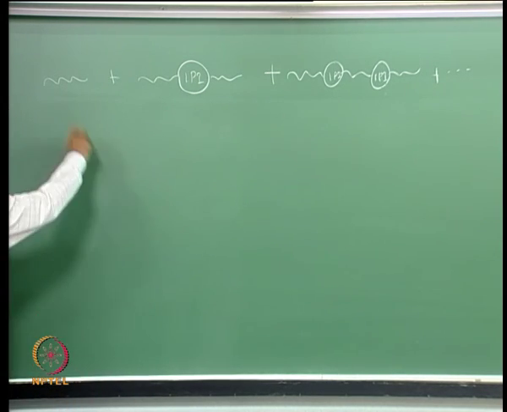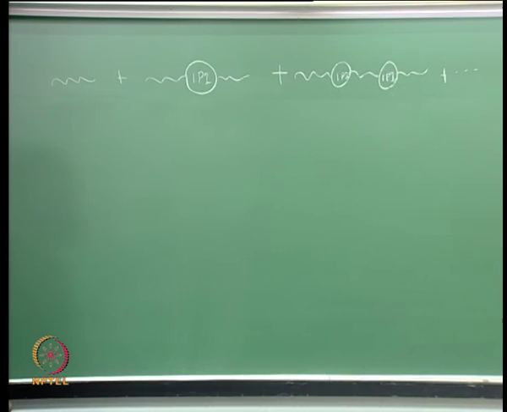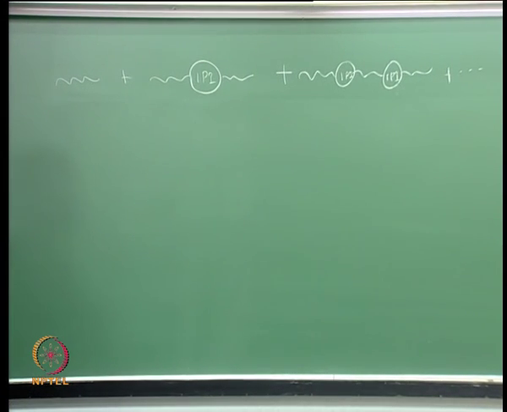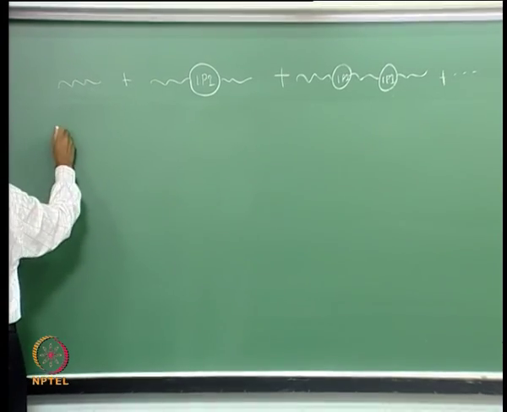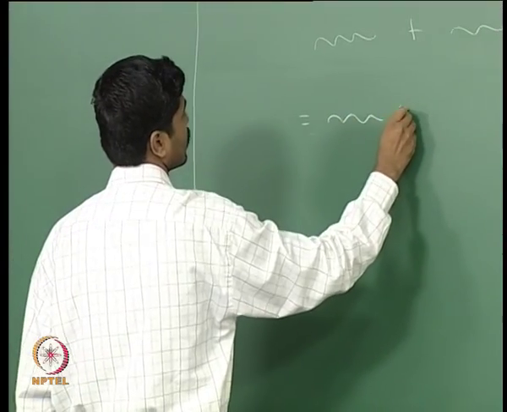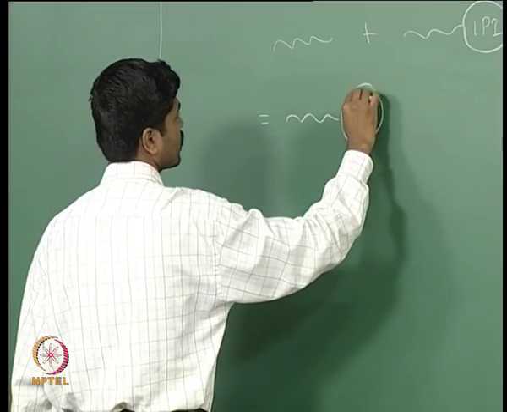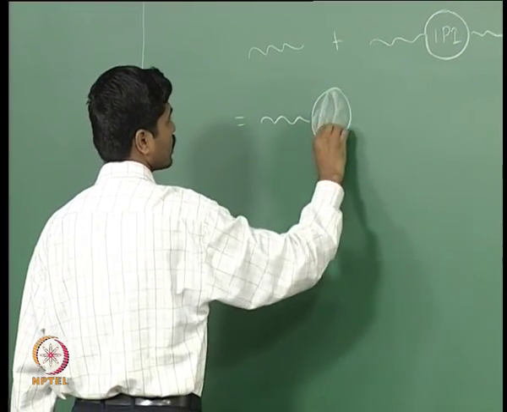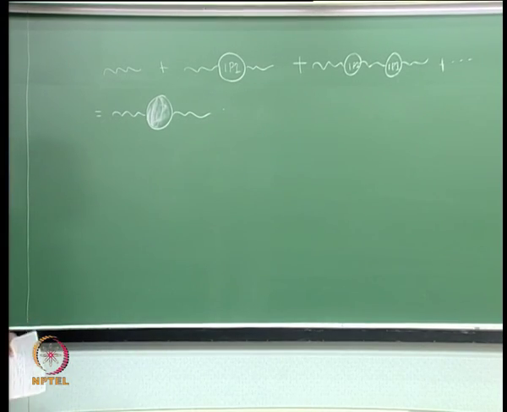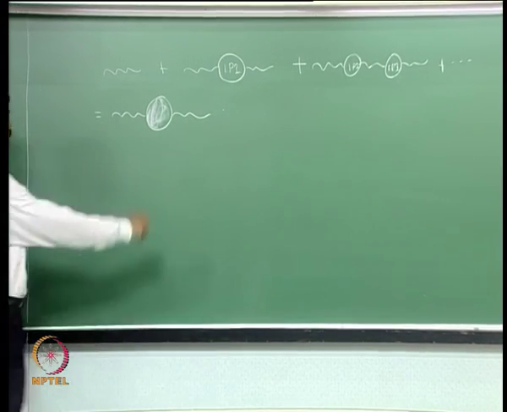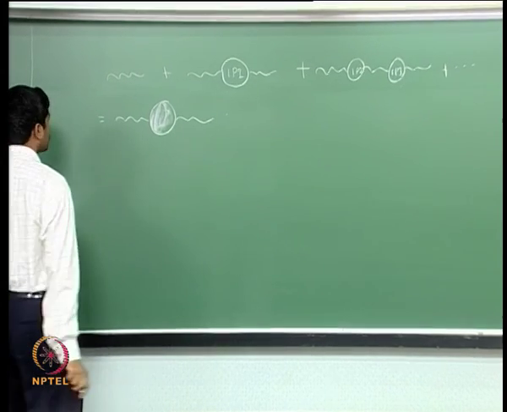This is what is going to give us the full photon propagator, and this full propagator is denoted by this symbol. We would like to know what this quantity here is.